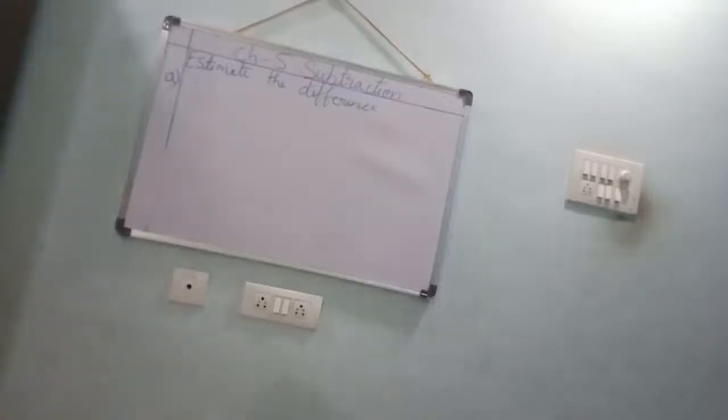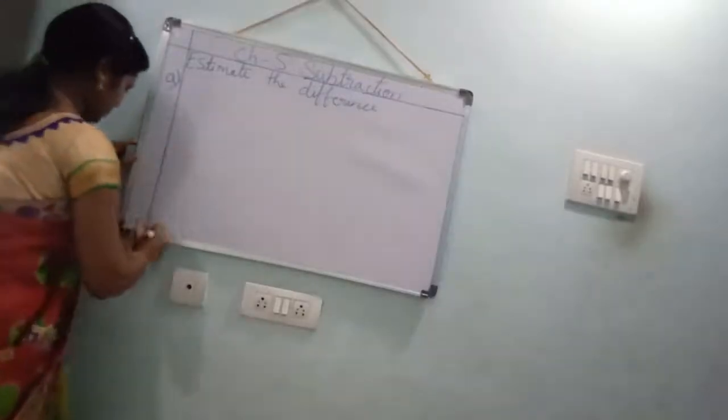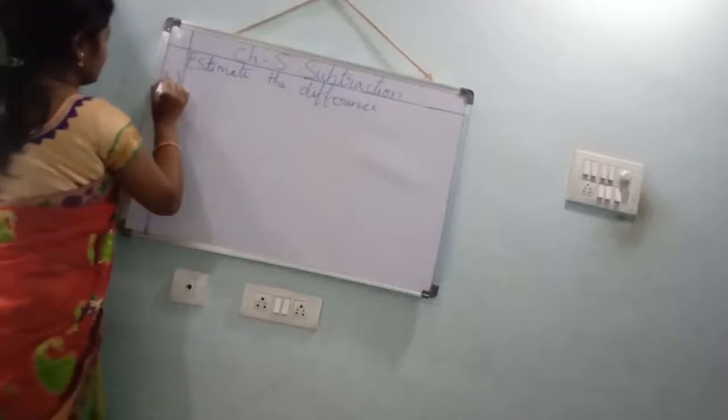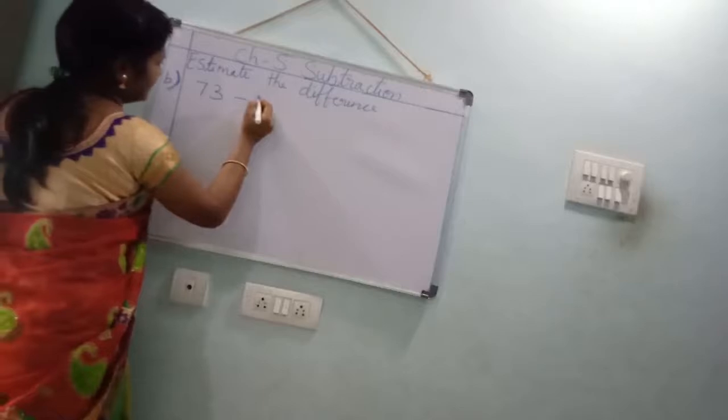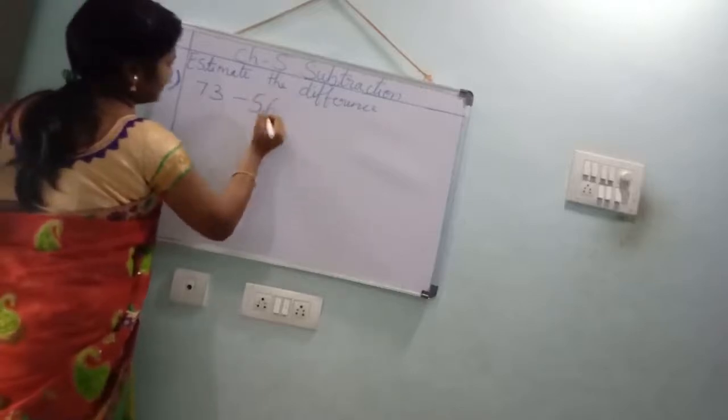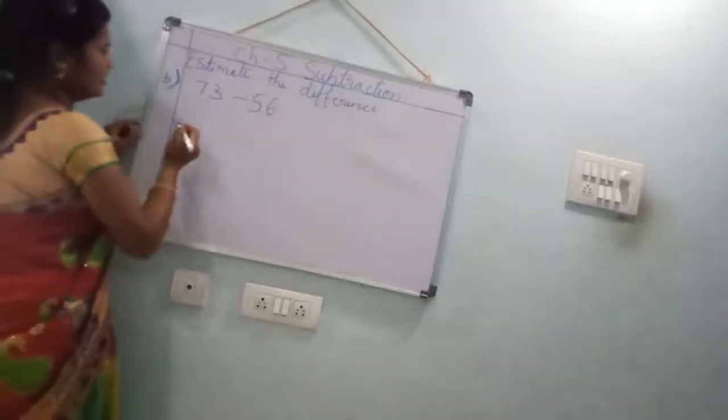One more example children. B1. 73 minus 56. Okay. What do you have to do?